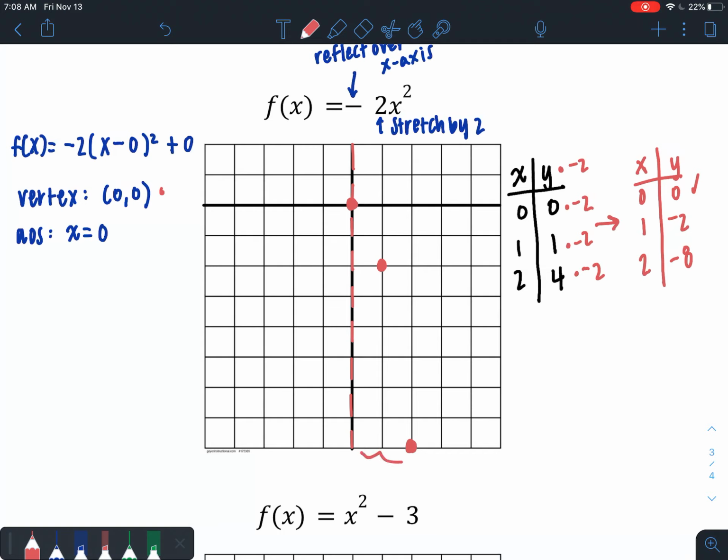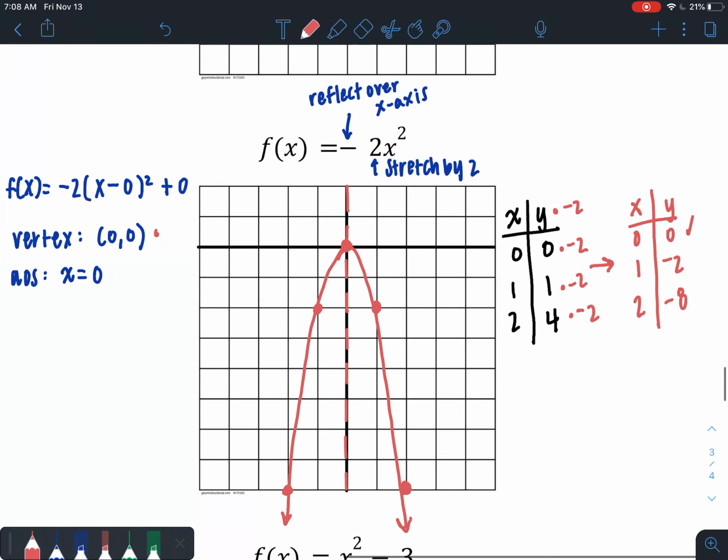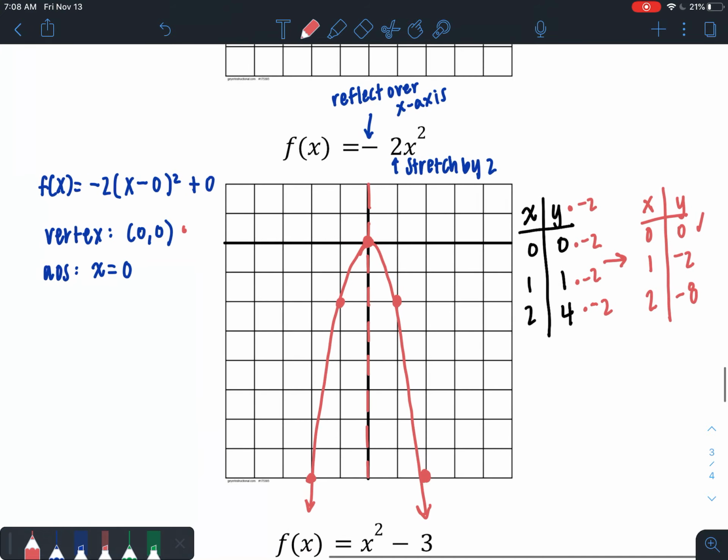Then we'll reflect these points over, so this is 2 away, so this is now 2 away, and this gets reflected as well. We draw our lines, making sure to make it curved, and that's our new function. You can see it got stretched like Laffy Taffy, and it got flipped upside down.